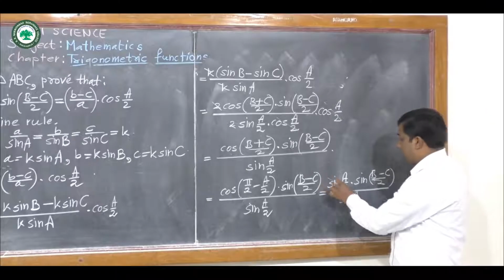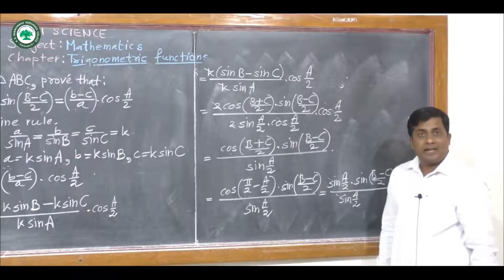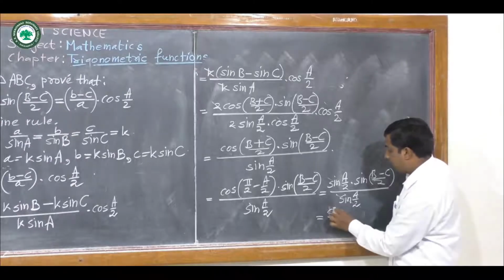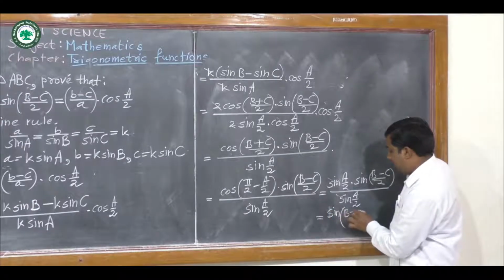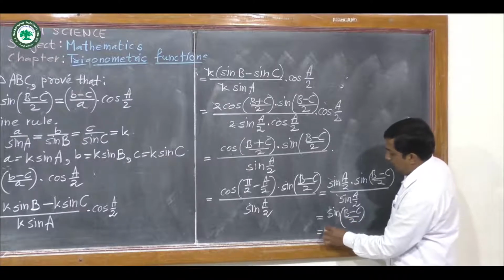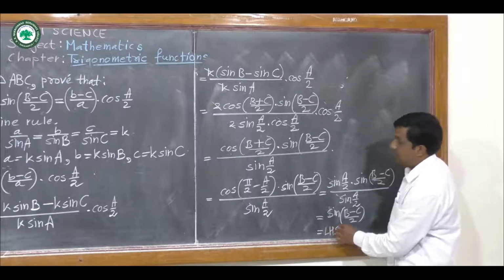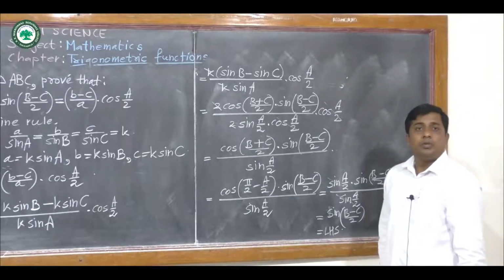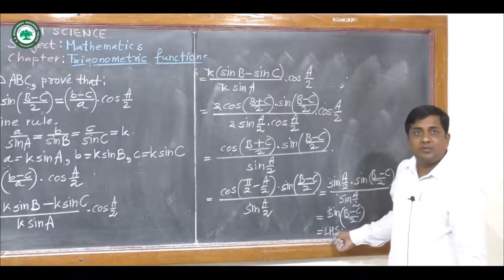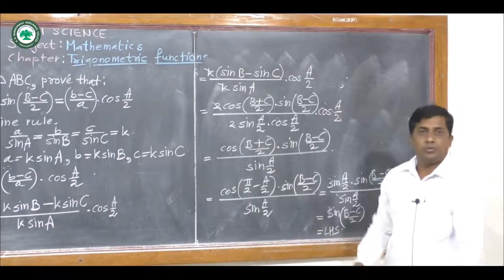Now sine of A by 2 and sine of A by 2 cancel, and only sine of (B minus C) by 2 remains, and this is our LHS. So by using the RHS we find the LHS, by using our sine rule.